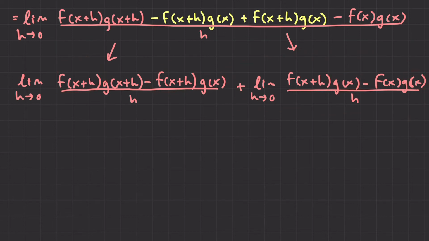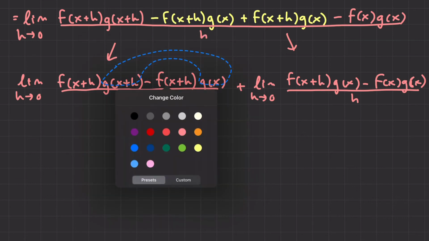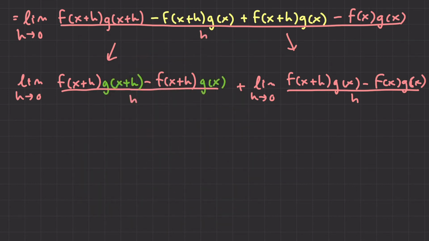Okay, so I'm going to color code it just so we can see what's happening here. So let me change that to, let's say, green, and then I'll change this to green too. So green will be the thing that we're factoring out. So on the left here, this is going to be the limit as h approaches 0 of, what am I doing?